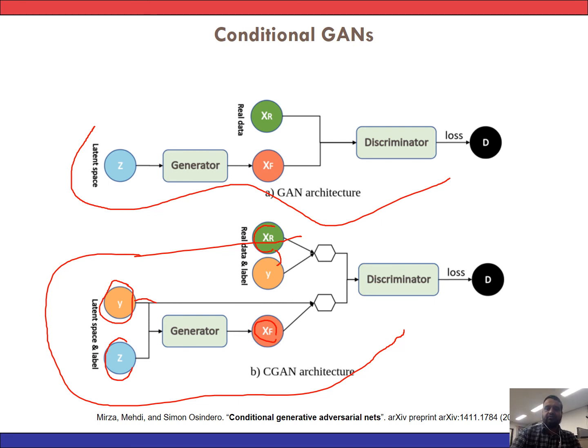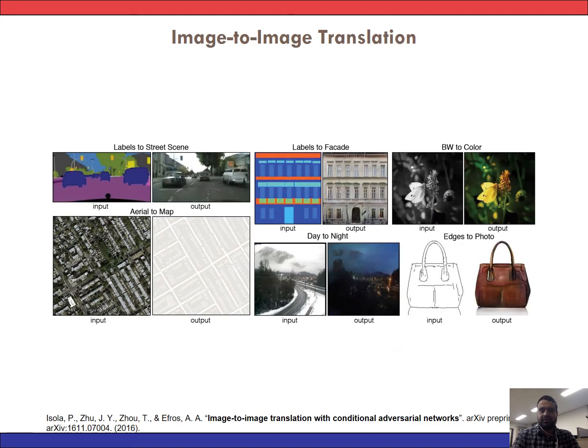So why are we doing this? There are many applications of this conditional generative adversarial network. It can be used for image to image translation. Suppose this is the input image, which is a kind of label of this real image.